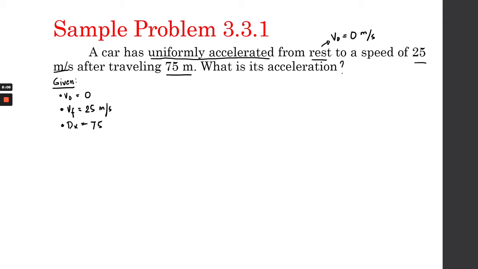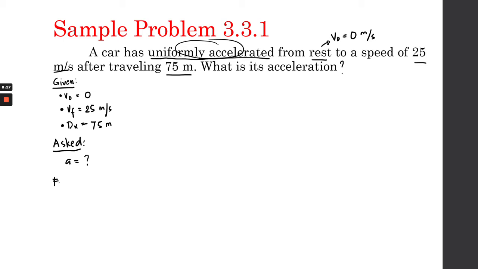So that's our dx. And the question it's asking us is basically what is the acceleration. And from the problem itself, we know that the acceleration is uniform, meaning the acceleration did not change.